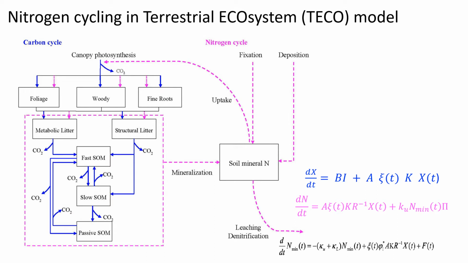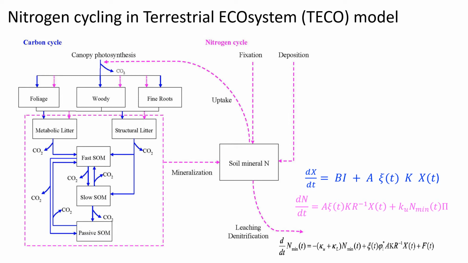See the blue equation, where X represents the carbon pools in leaf, wood, fine root, metabolic litter, structural litter, microbe, slow, and passive soil organic matter respectively. C is the vector of environmental scalars accounting for the temperature and moisture effects on all carbon decomposition.